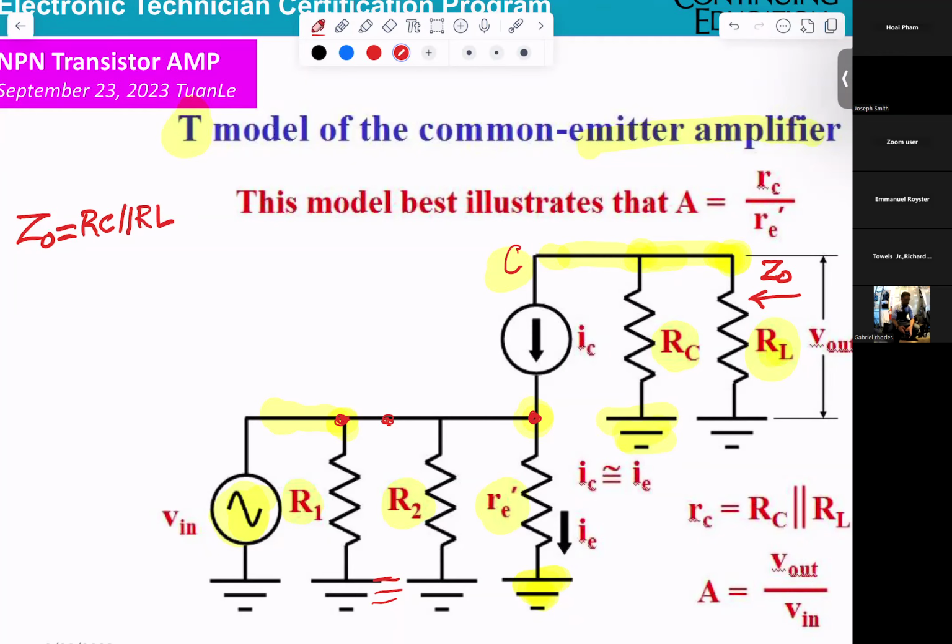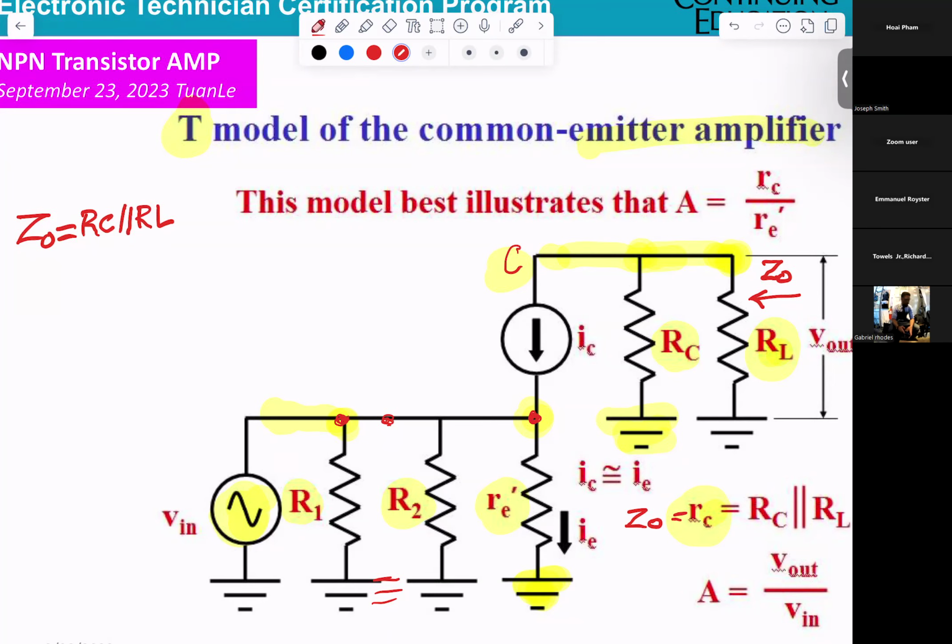However, if you're looking in here, they call it R C, or R out, same thing. R means resistance, c a lowercase letter means AC resistance, equal to RC parallel RL.